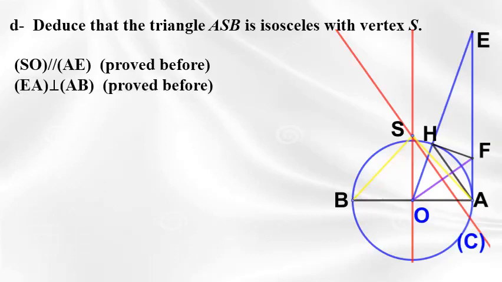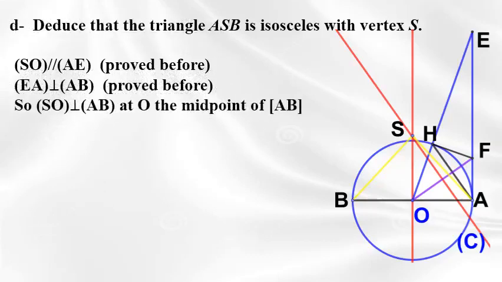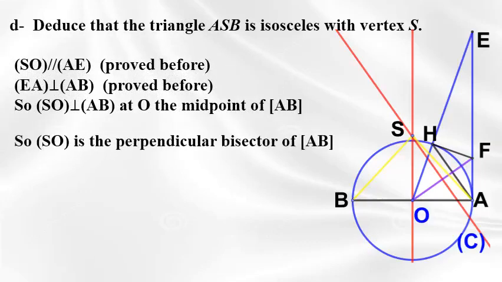We have EA perpendicular to AB, proved before because of the tangent. So SO is perpendicular to AB. And also O is the midpoint of AB. So SO is the perpendicular bisector of AB because it passes through the midpoint of AB and perpendicular to AB at the same time.